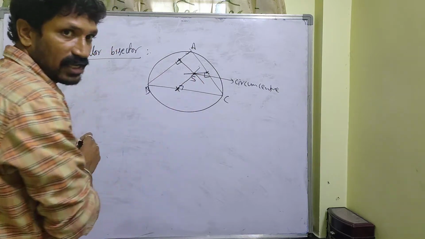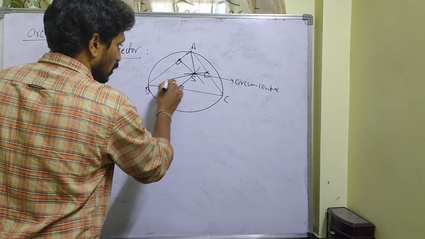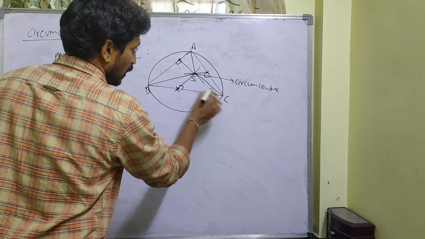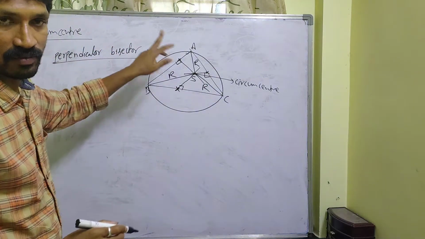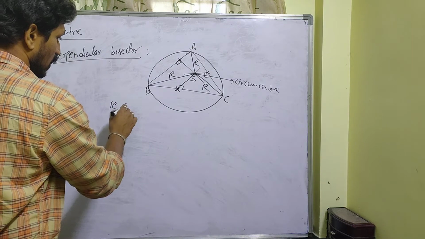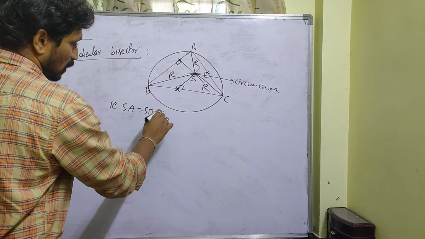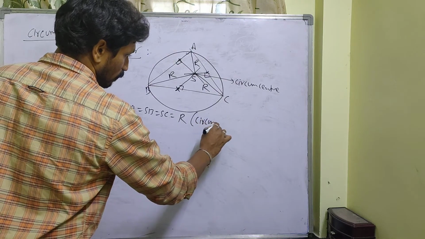So SA is one radius, SB is one radius, SC is another radius. All these are denoted with the capital letter R. Circumradius is denoted with capital R, that is SA is equal to SB is equal to SC is equal to capital R, the circumradius.